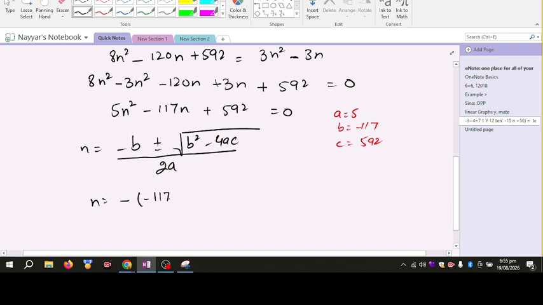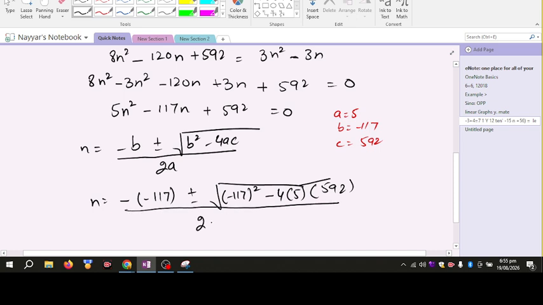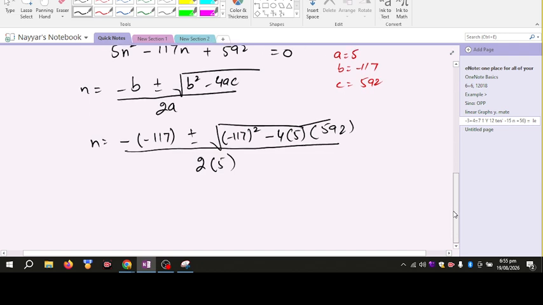So we're going to substitute the values. Minus negative 117 plus minus root of negative 117 square minus 4ac upon 2a. Okay, so a is 5. Take the square of 117, negative and negative will become positive. What is the square of 117? 13689. 5 times 4 is 20. What is 20 times 592? 11840.